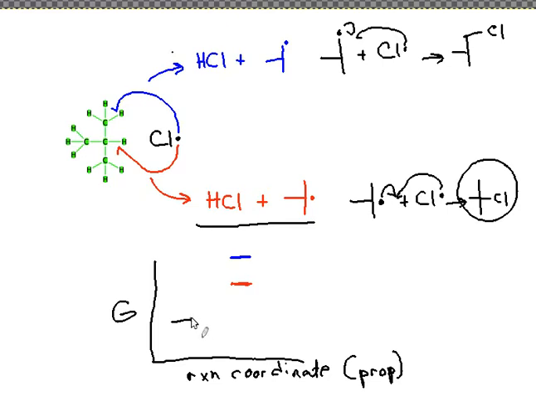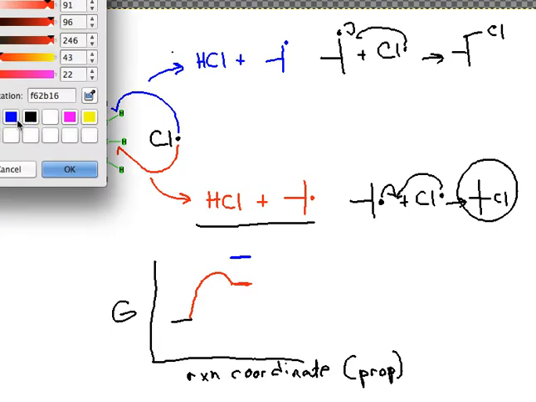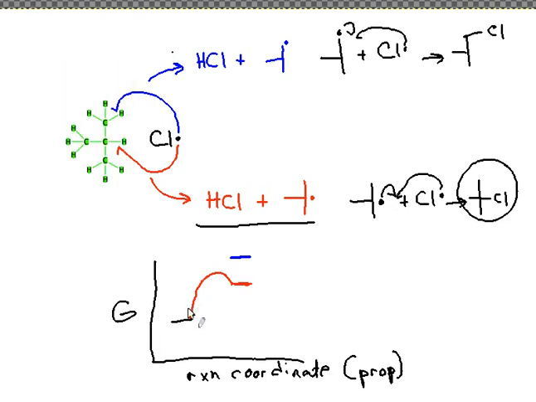And therefore, according to Hammond's postulate, the transition state leading to this more stable radical is likely to be more stable than the transition state leading to the less stable intermediate radical.